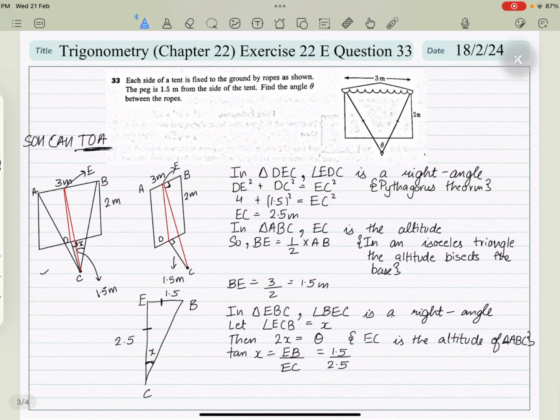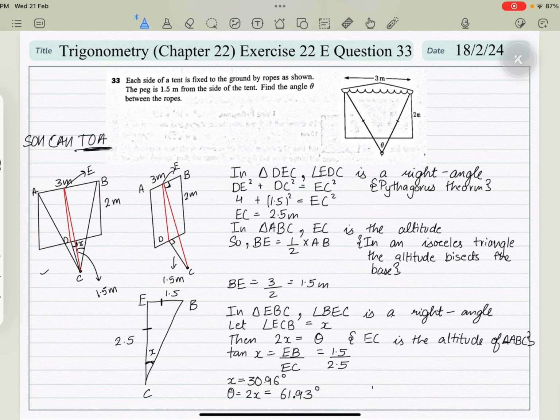Now from here we will find out that X is equal to 30.96 degrees. And from here we can say that if 2x is equal to theta, so theta is equal to 2x, which is equal to 61.93 degrees.